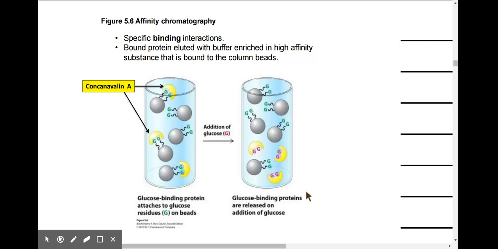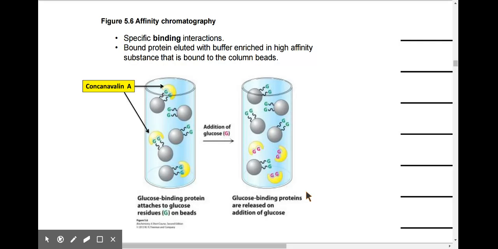So we add our mixture of proteins to this column. Specifically concanavalin A is going to associate with our stationary phase because it's going to bind to glucose. All the other proteins are going to do what? Run through unimpeded. And so then how do we release those species?